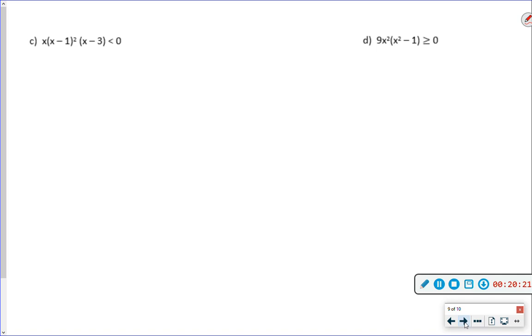Now, you can do some of this in your head. I'm going to write it out. We're going to set x to 0. I'm going to pretend it's an equal sign for right now. That's one of our numbers. We're going to set x minus 1 squared to 0. I mean, we can do that in our head. What's x got to be? 1. 1 minus 1, 0, 0 squared, 0.